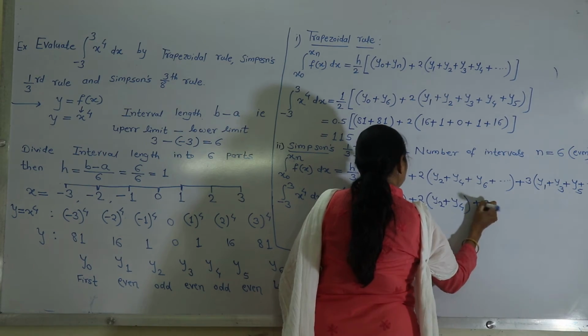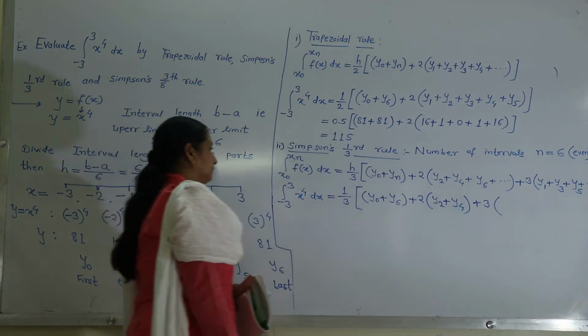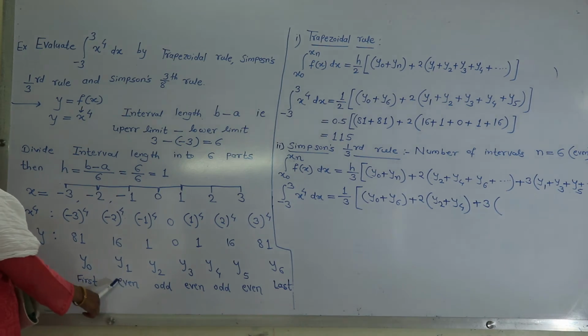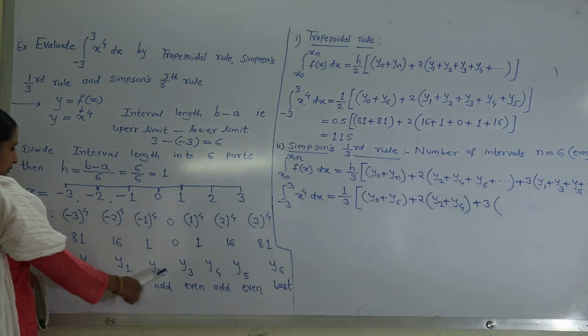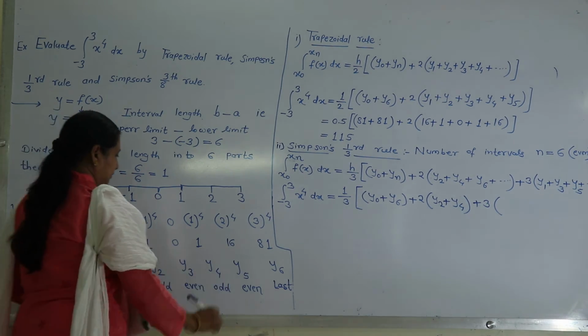And plus 3 times the even ordinates. Even means y1, y3 and y5.